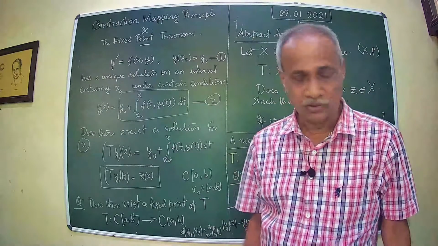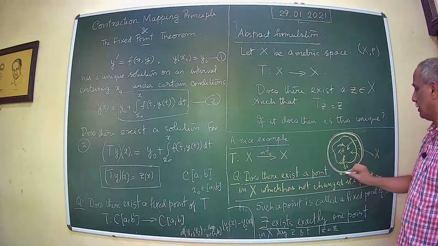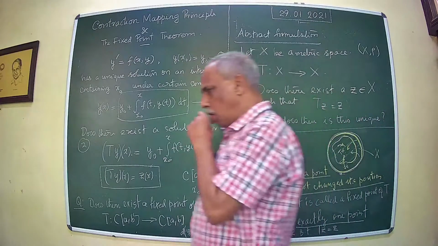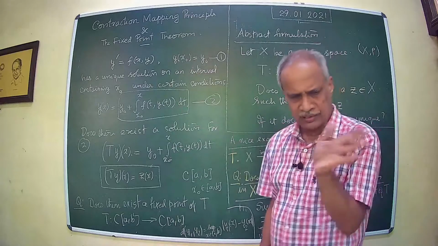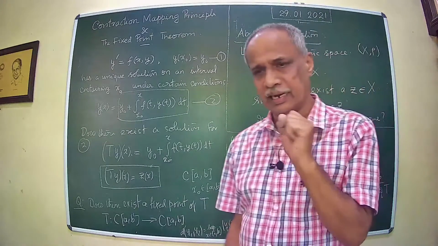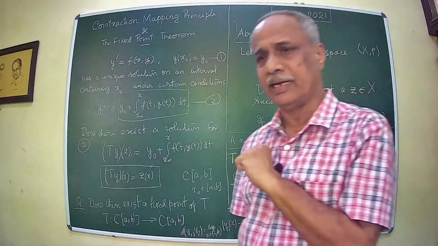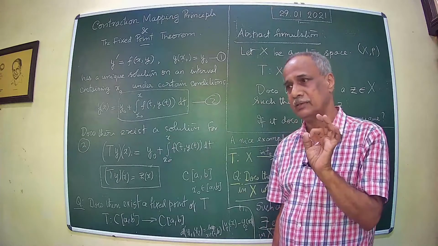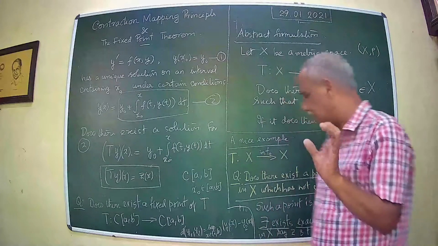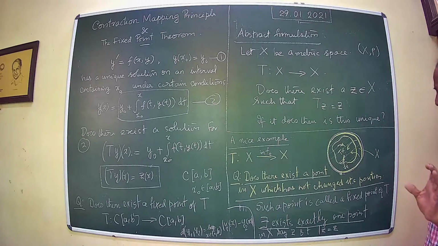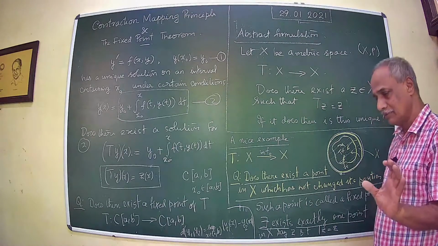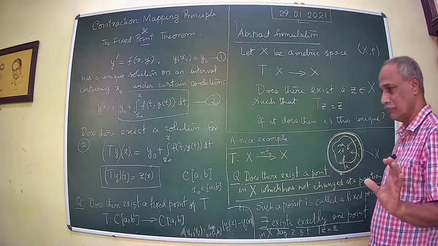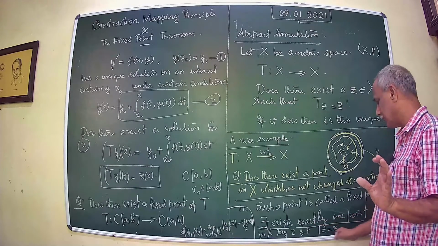Okay, you can consider this particular X as a metric space because it's in R2 and you know the usual notion of distance between 2 points in R2 is there. That will serve as the metric, and with respect to that metric you are talking about a contraction, and then you are asking whether if T is a contraction, then there would be some fixed point in this case.